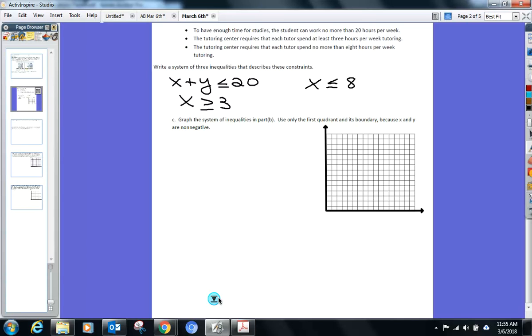Hold on, before you go. Whatever interval you go on the x-axis, you have to go the same interval on the y. You can't go like a 2 and a 1 here. It would be the same interval on the x and then the y. All right, so you and your group, your partner, your solo, graph those three for me. And then figure out where you think the shaded region will be.